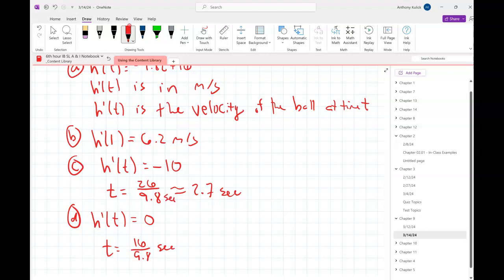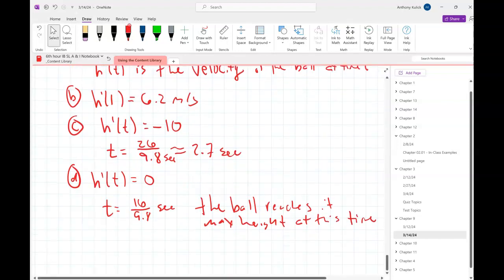It also asks, what is special about this point? So the ball reaches its max height at this time. Everybody agree?